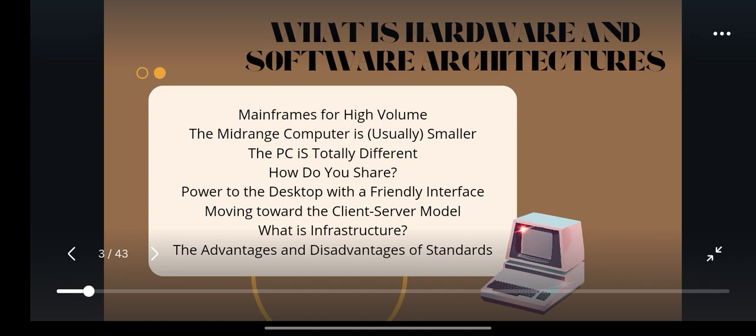Third, the PC is totally different. Next is how do you share? Next is power to the desktop with a friendly interface. Next is moving towards the client server model. Next is what is infrastructure? And lastly, the advantages and disadvantages of standards.